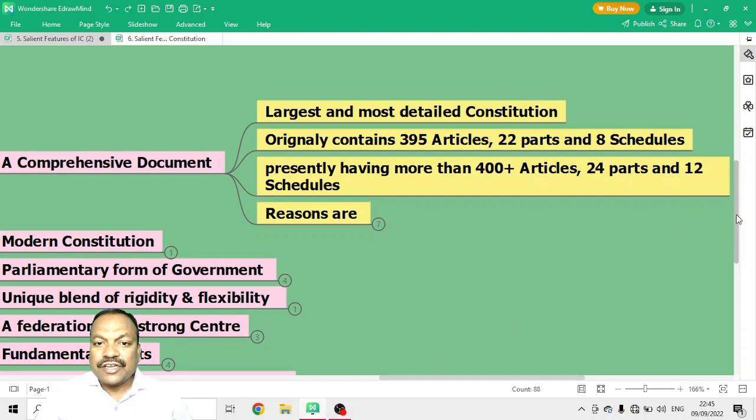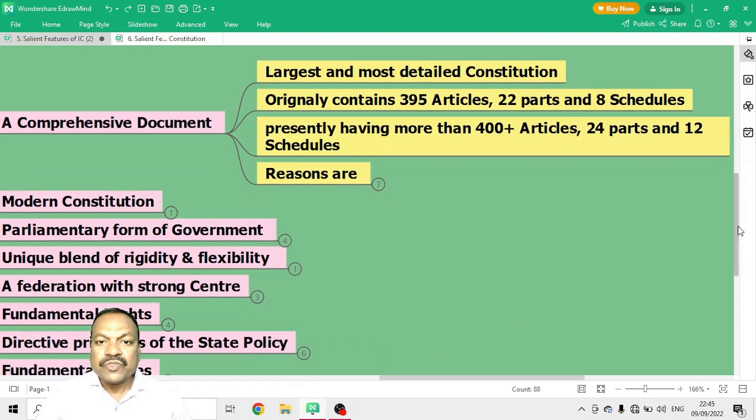Ordinarily, when it was formed for the first time, it consisted of 395 articles, 22 parts, and 8 schedules. Presently, we have more than 400 articles, 24 parts, and 12 schedules.